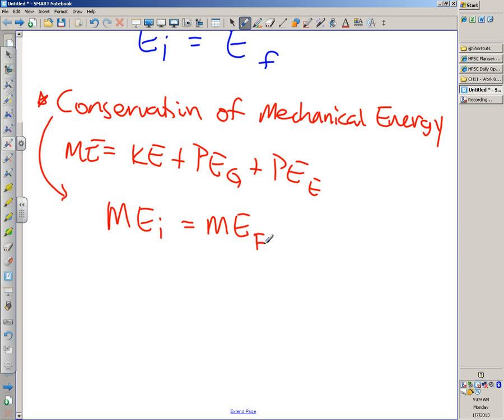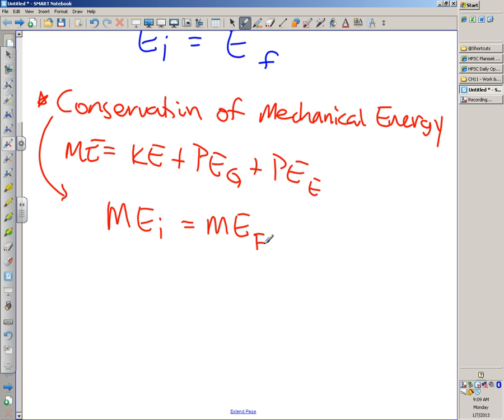But we said that this only applies under certain conditions. What has to be true in order for us to see this? Another term that we discussed: conservative forces. There can only be conservative forces acting on whatever it is that we talked about.